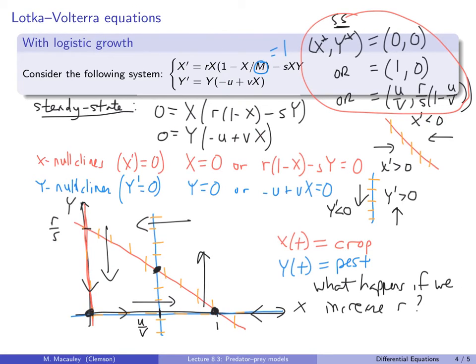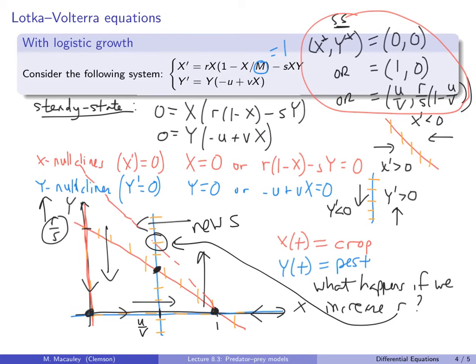So if you increase r, this is going to go upwards, and this line is going to get steeper, and there will be a new steady state. This old steady state is going to go up, and it's going to go right there. So we get a new steady state.